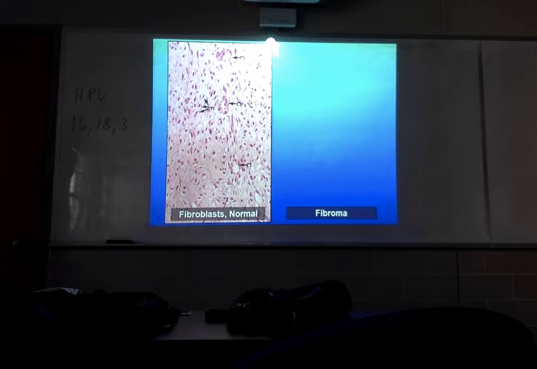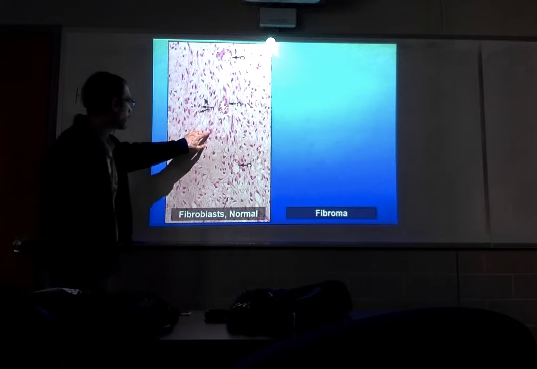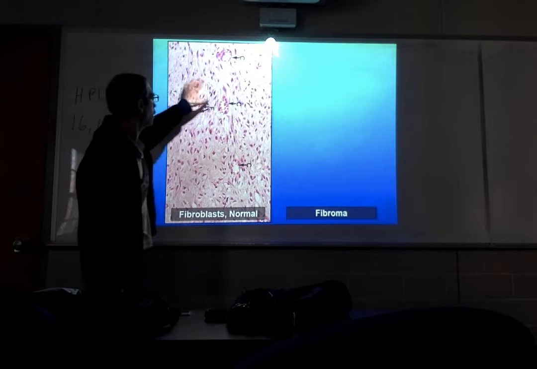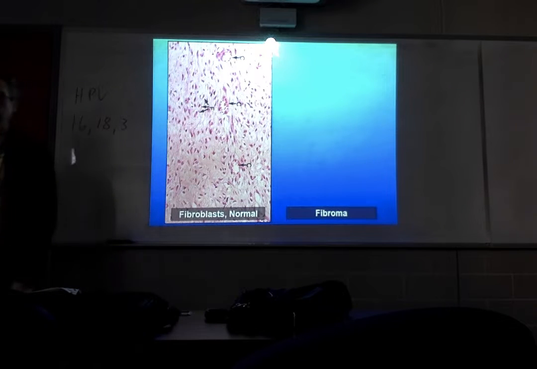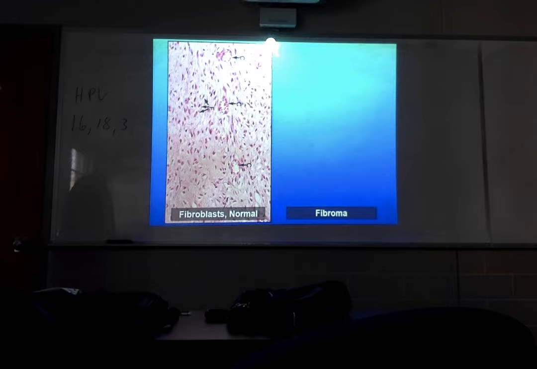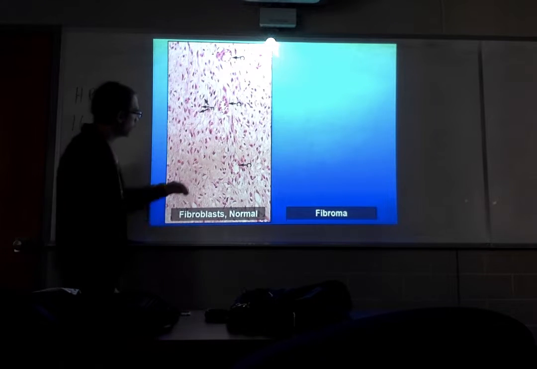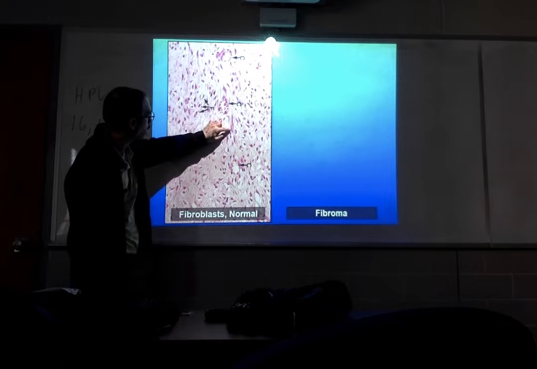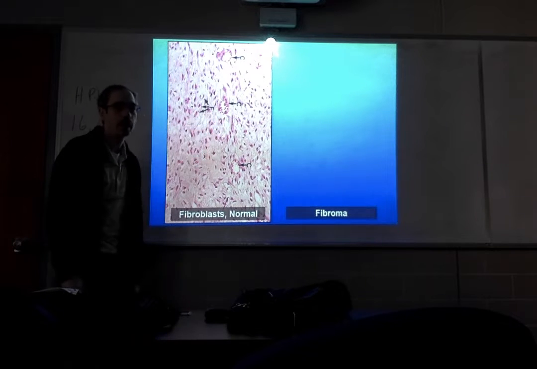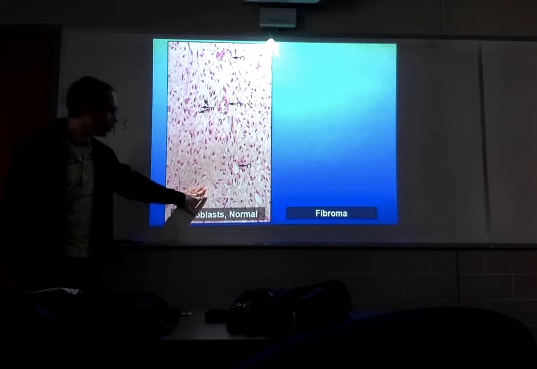If I look at this section and I use the nuclei as an indicator, we've got what looks like a normal distribution, normal density of fibroblasts. Everything looks good here. If I look at the morphology of the nuclei, you can see some nuclei have kind of an oval shape, some are kind of elongated, but all the nuclei and the fibroblasts look normal in this section.